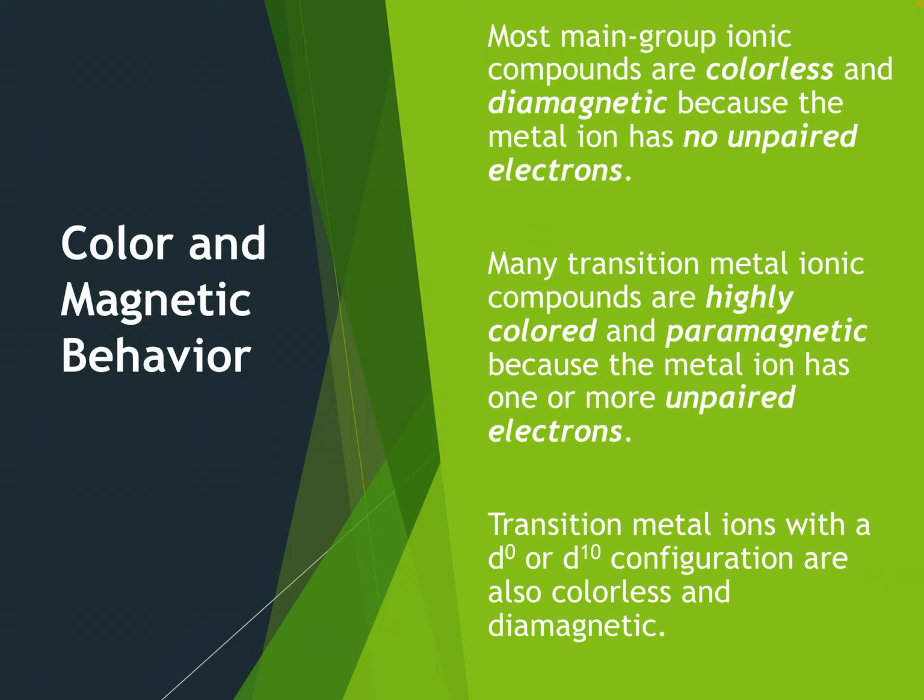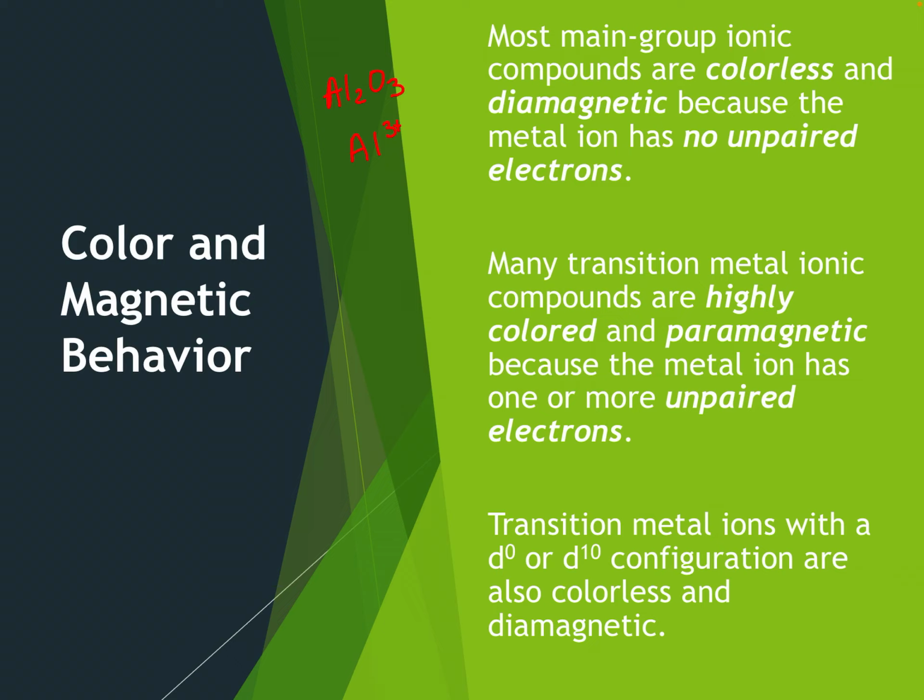Like I was talking about a bit earlier, most main group ionic compounds are colorless and diamagnetic because the metal ion has no unpaired electrons. So if we think about something like aluminum oxide, this would be from aluminum 3+. The way aluminum became a 3+ is it lost all of its valence electrons.